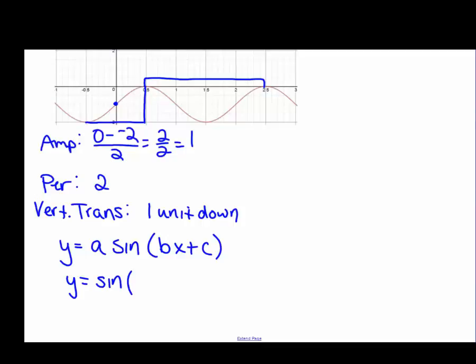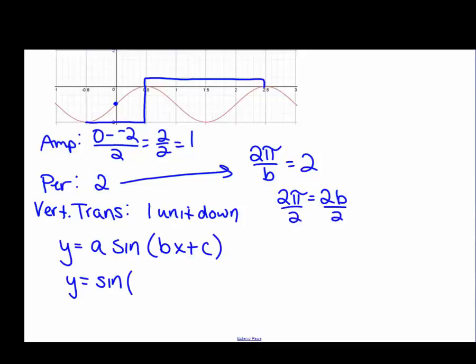The b, we need to figure out, and we know that it involves the period. Remember that your period is 2 pi over b, so if our period is 2, we can solve for b. If we multiply both sides by b, we get 2 pi equals 2b. Then we can divide both sides by 2, and so our b is going to be pi.